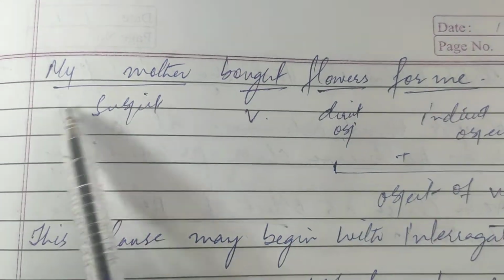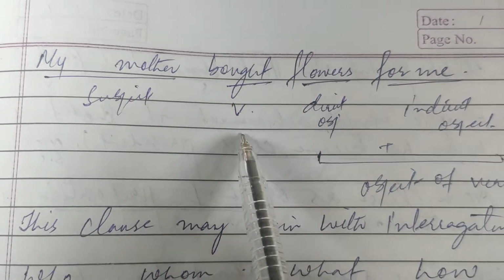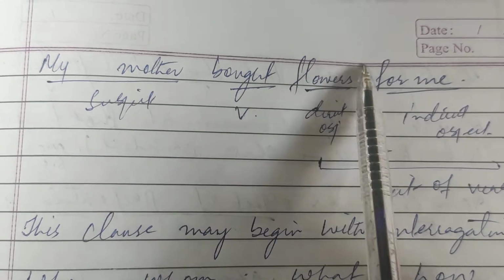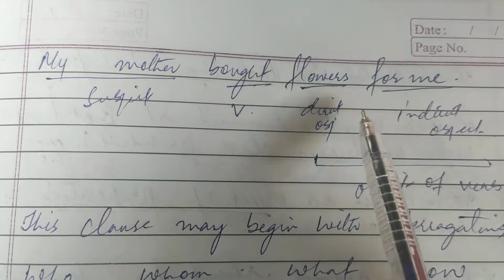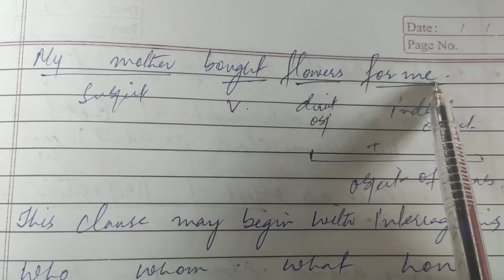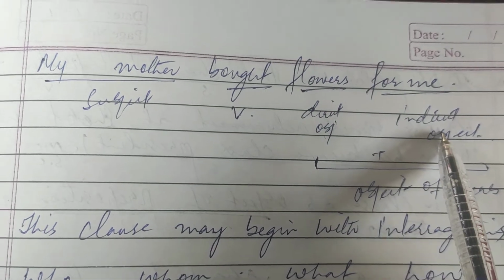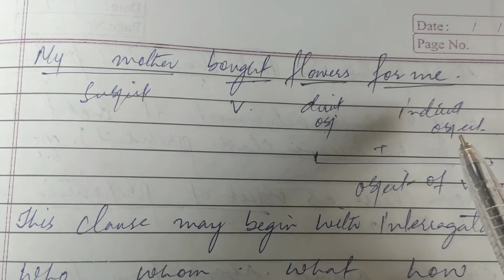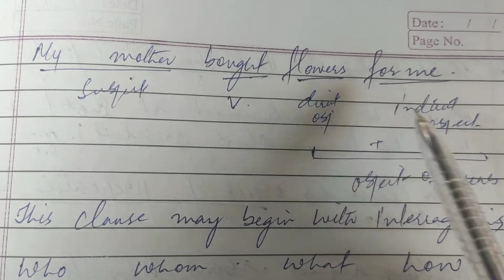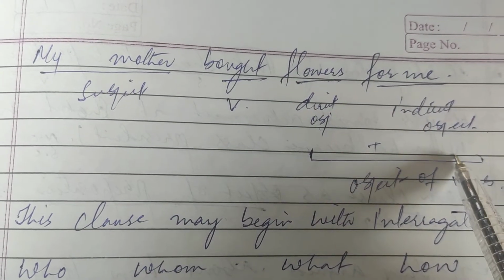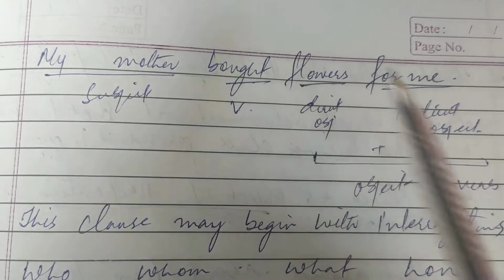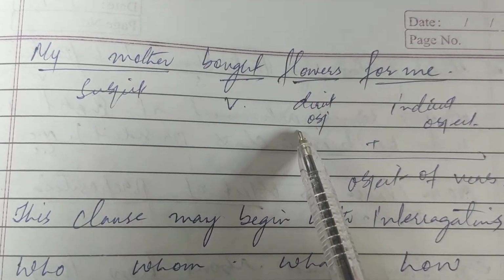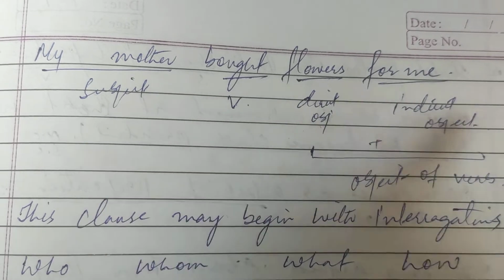Here my mother is the subject, bought is the verb. Flowers is the direct object. For me is an indirect object. There are two objects in the sentence, one direct and another indirect, and both together are called the object of the verb.